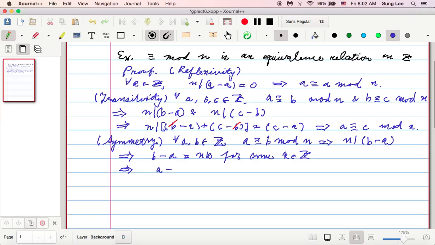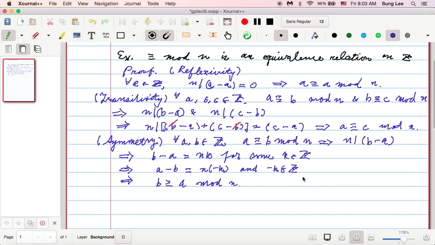So a minus b, in this case, can be written as n times negative k, and negative k is also an integer, which implies, by definition, b is congruent to a modulo n.